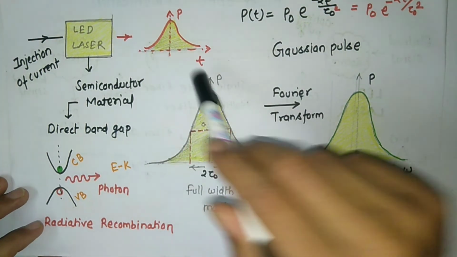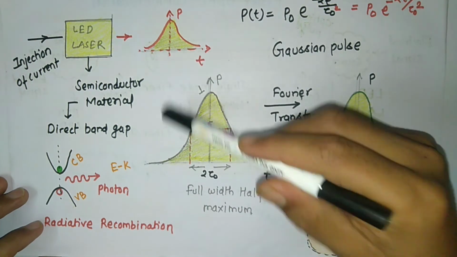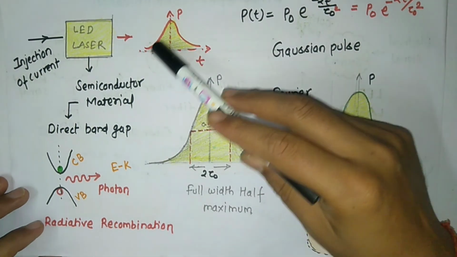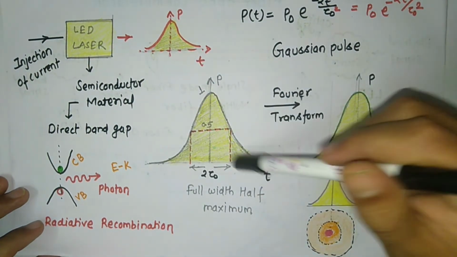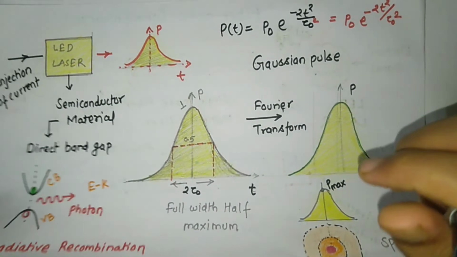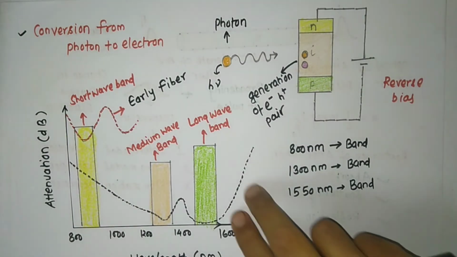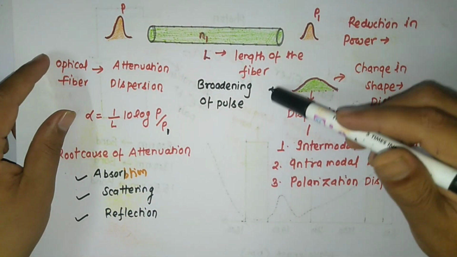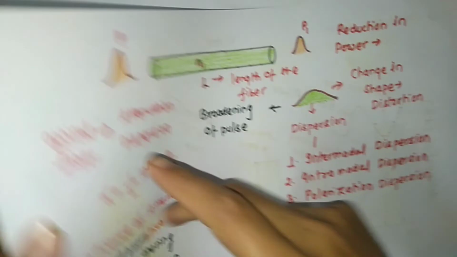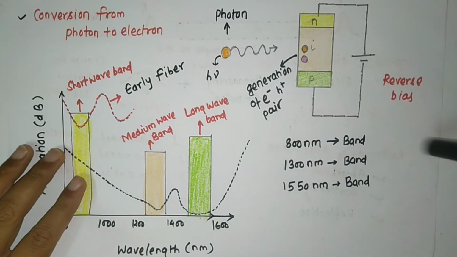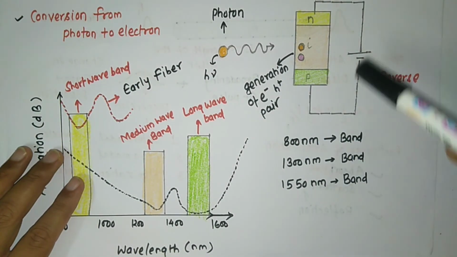It produces the light, and the shape of this pulse is known as Gaussian pulse. What is full width half maximum, what is attenuation, what is dispersion, I have explained briefly in this lecture. And what is the function of optical detector? It converts photon to electron.